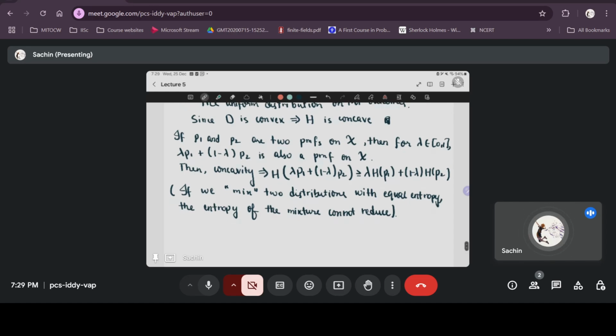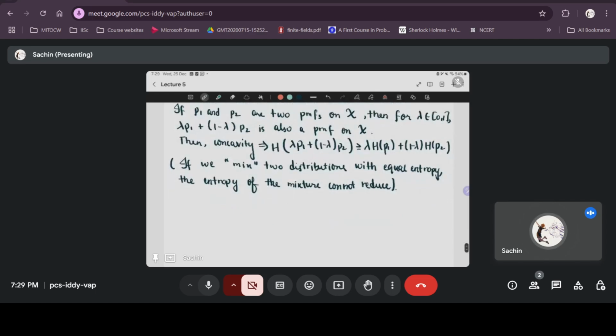So you're mixing two different distributions, and when you mix two distributions with equal entropy, then the resulting distribution will have at least the same entropy. You cannot get a mixture with lesser entropy. In thermodynamics terms, if you mix two gases with the same entropy, then the overall mixture will have a higher entropy.